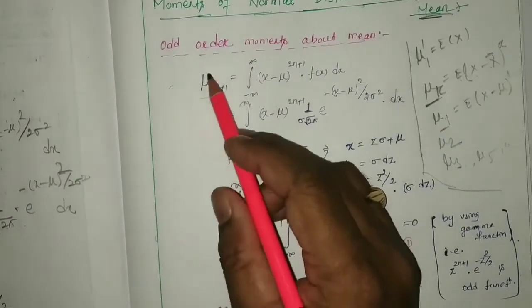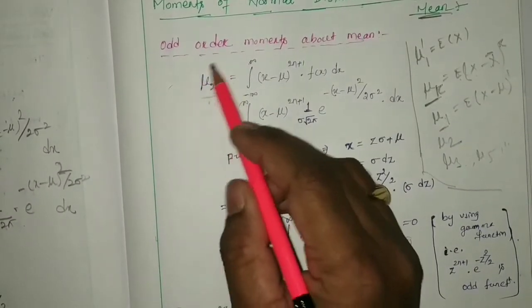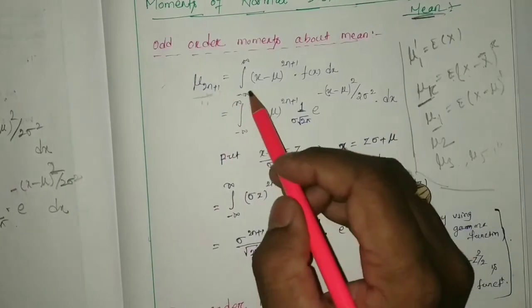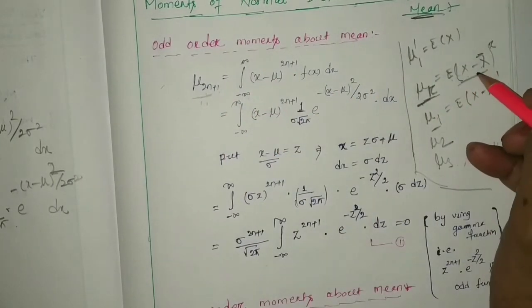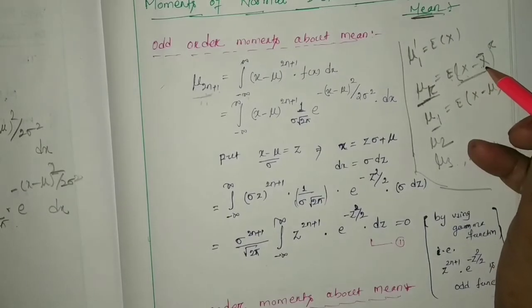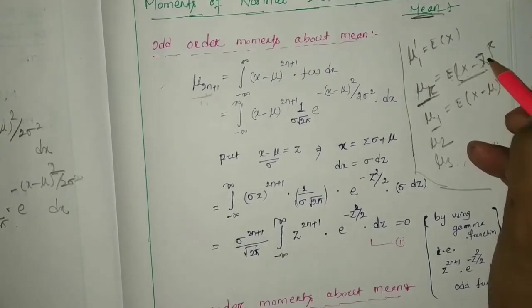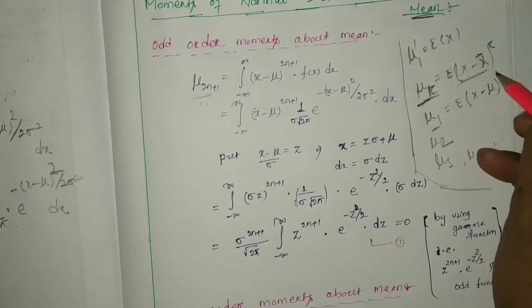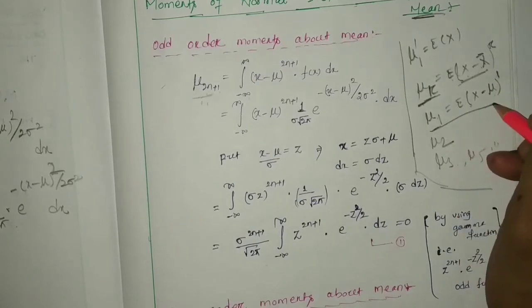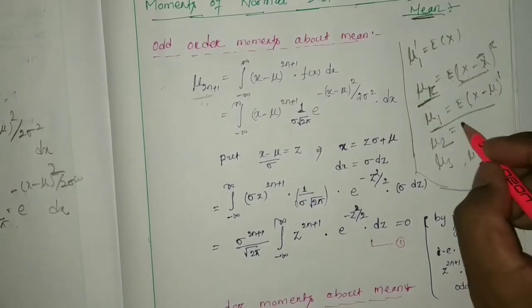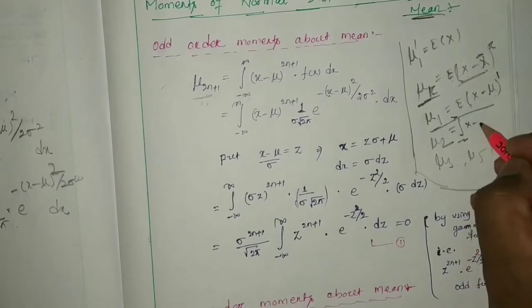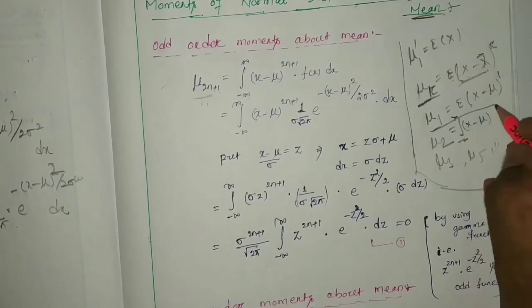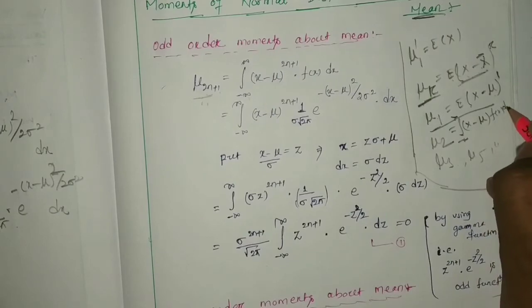So mu 2n plus 1, that means odd order, will be the integral from minus infinity to plus infinity. It is nothing but expectation of x minus x bar, or mean, x minus mu to the power 1 for the first moment. That means we can write for the continuous distribution, this will be the integral from minus infinity of x minus mu, fx dx, right?